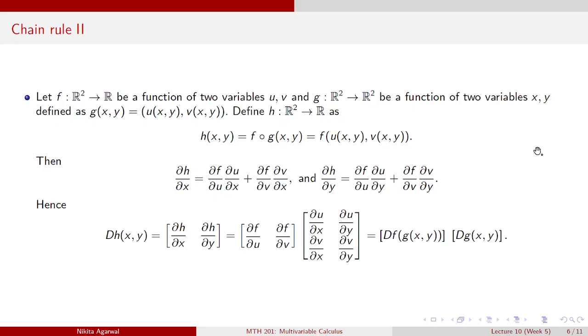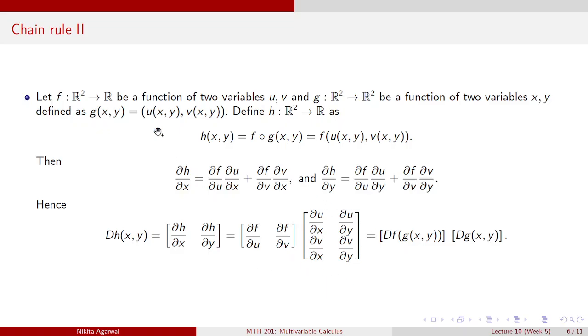Again writing in matrix form. What is the derivative, the Jacobian matrix of h? It's partial h partial x, partial h partial y. But partial h partial x is this term and partial h partial y is this term. If you write it in matrix form, you get the derivative matrix of f times the derivative matrix of g.